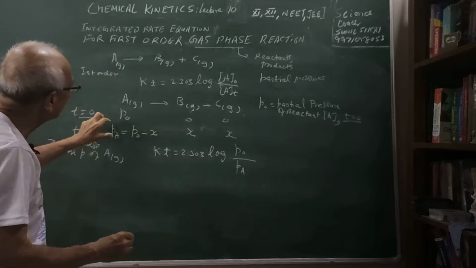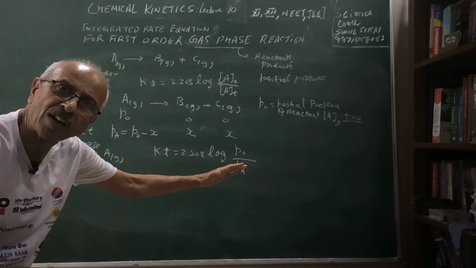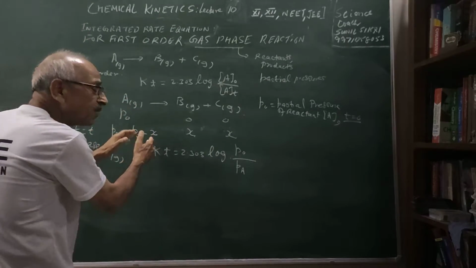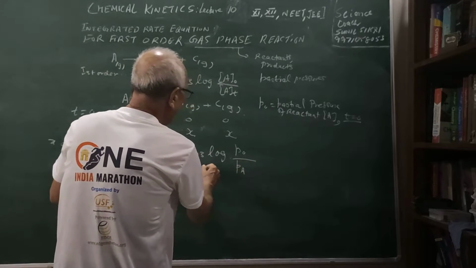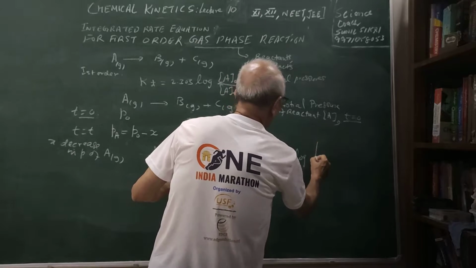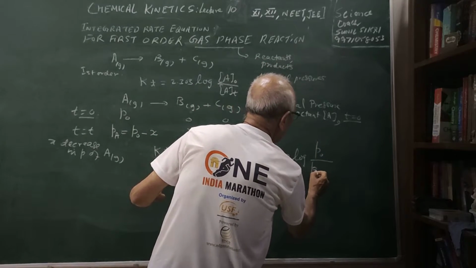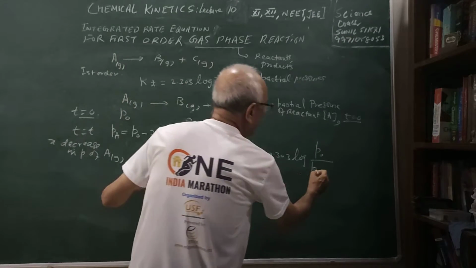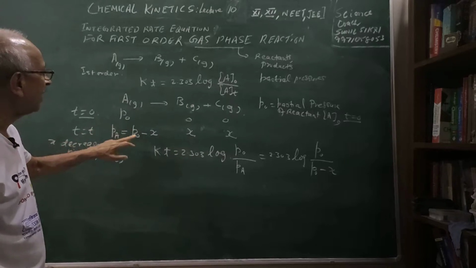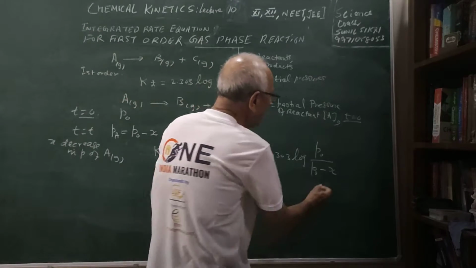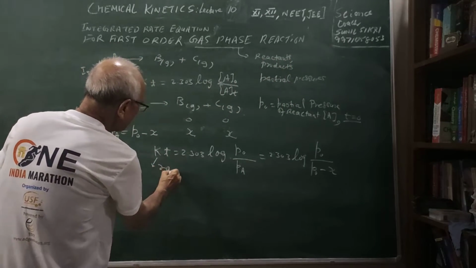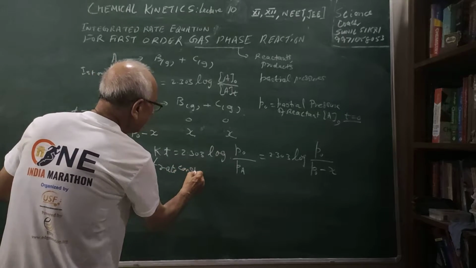Pa is the pressure of A left after X has been used, so Kt is 2.303 log of P0 by P0 minus X. P0 is the original pressure, X has reacted. If I can find the value of these, then I can find the value of the rate constant at any instant of time.